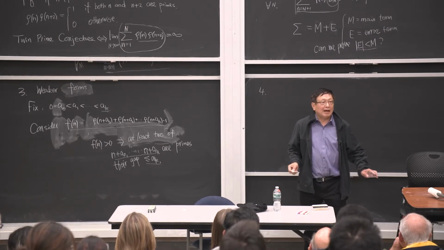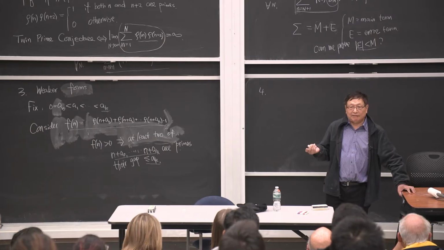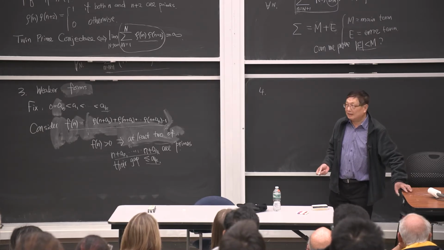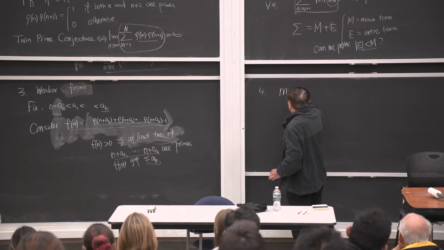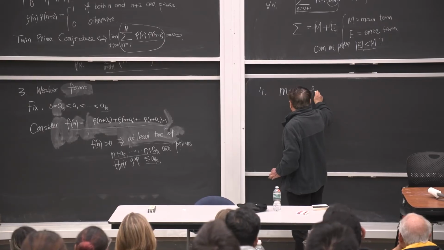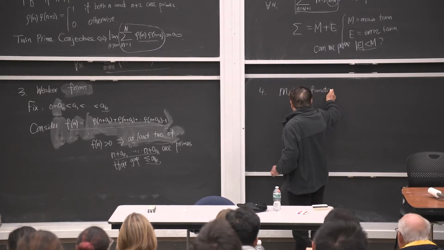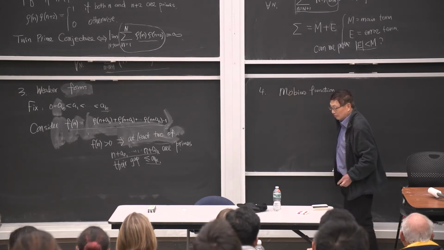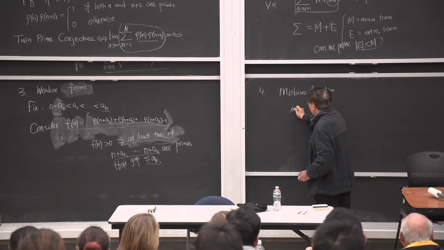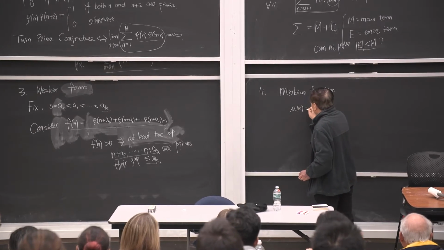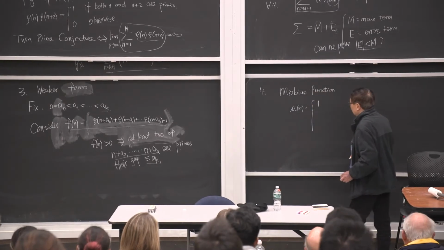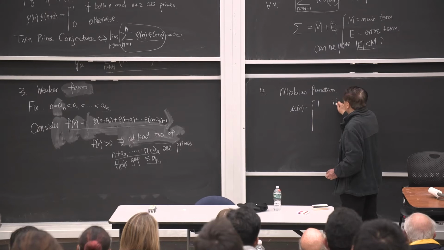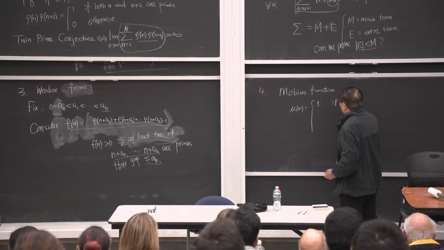I can give the definition of a very fundamental arithmetic function in number theory. That is the Mobius function. That is mu of n, equal to 1 if n equals 1.